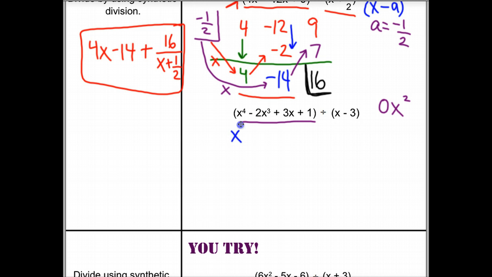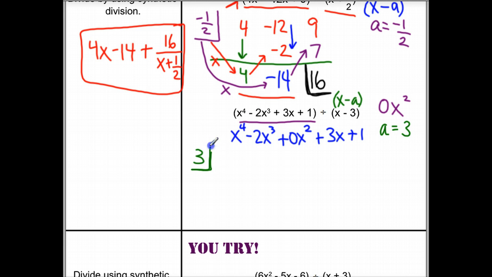We have x to the power 4 minus 2x cubed plus 0x squared plus 3x plus 1. Now we want to figure out what a is equal to. Remember our divisor is x minus a. So a in this case is going to equal 3. So we'll put 3 in its own special little box up here.